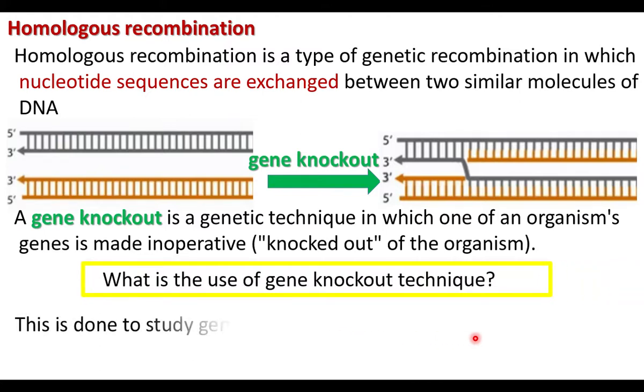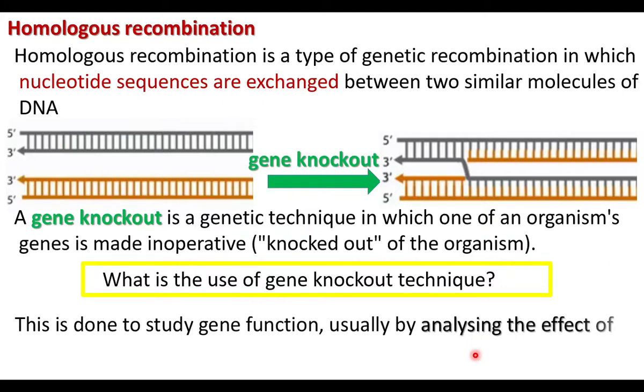This is done to study gene function, usually by analyzing the effects of gene loss. Gene knockout results in gene loss. The functioning of gene is lost. So we can understand the gene function. We can study the gene function.